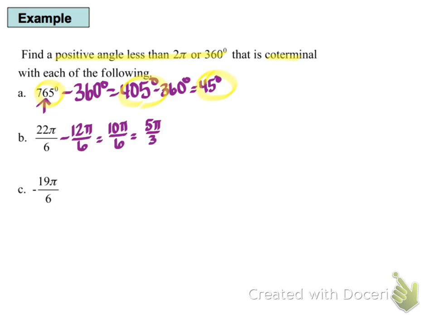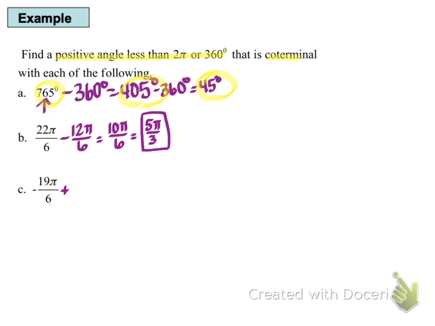Now the key here is to decide, is this more or less than 2 pi? In terms of thirds, 2 pi would be 6 thirds, so it looks like we're less than 2 pi and we're okay. The final example, negative 19 pi over 6. This time we want to add because we are dealing with a negative angle and we want to get positive.